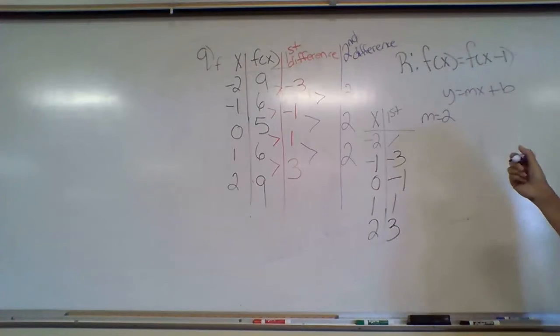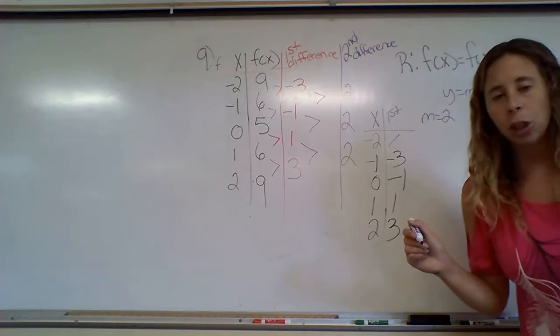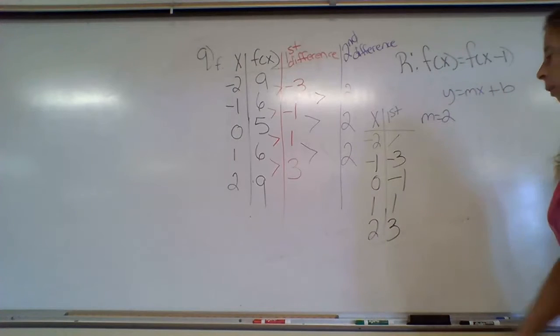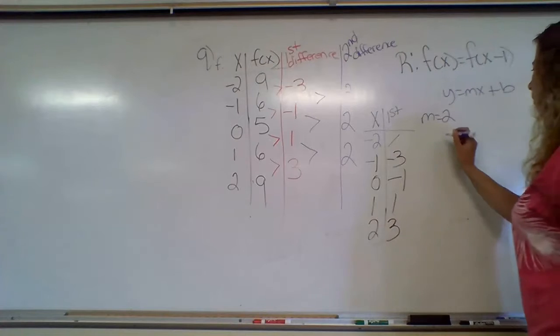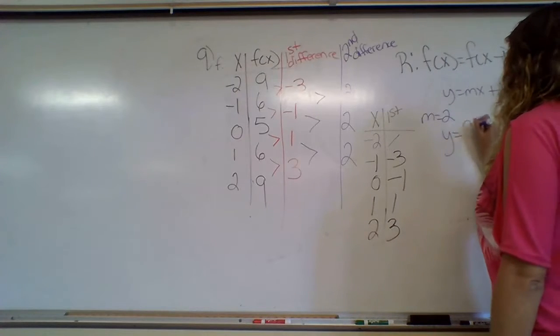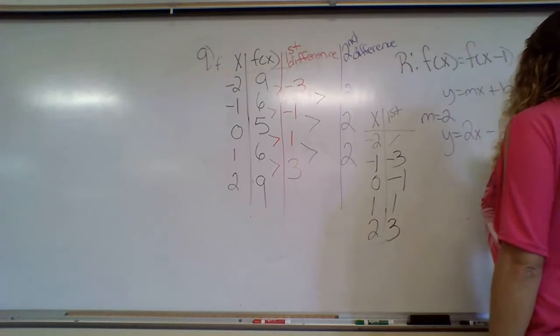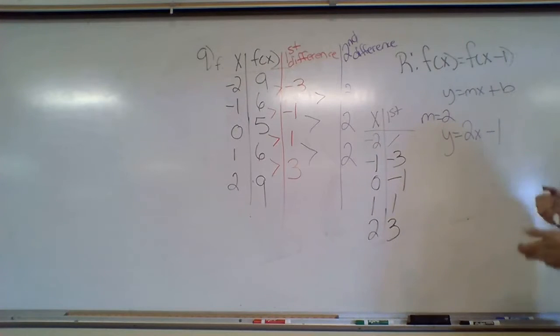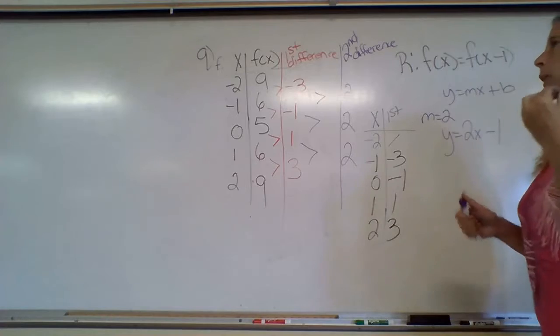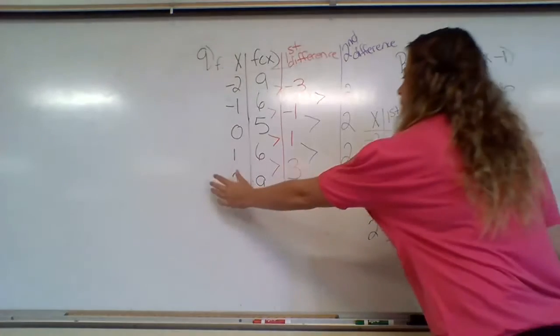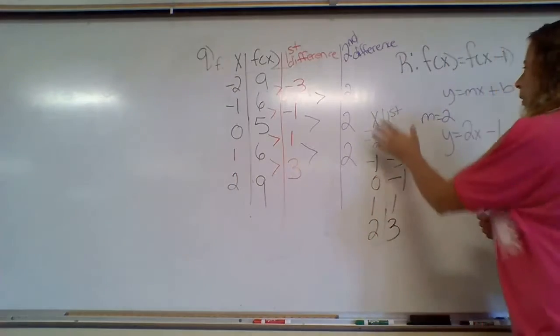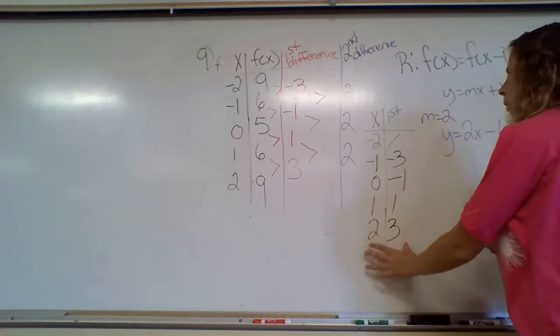Once again, they give it to you. When x equals 0, what's y? So it's y equals 2x minus 1. Beautiful. There it is. So you figure out the linear equation for your x values and the first difference. That's what this is.